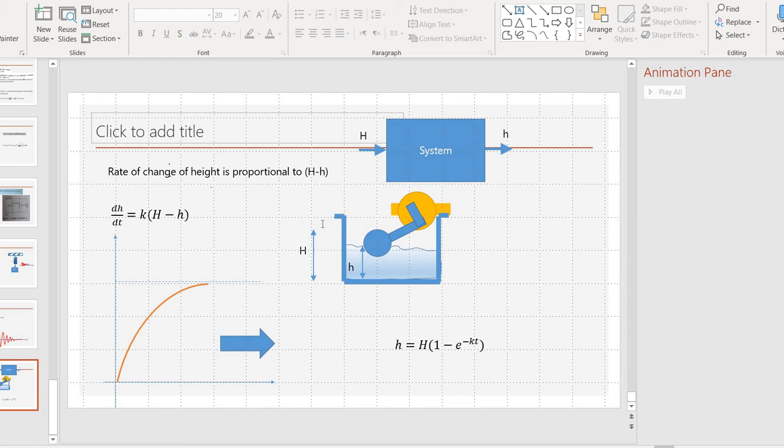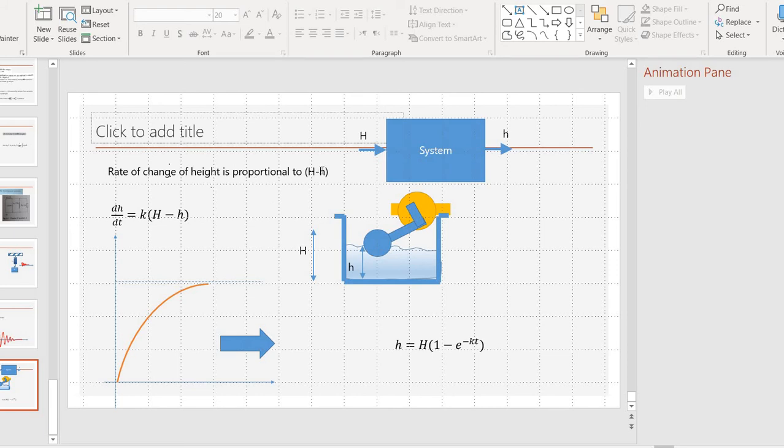And the desired, the maximum level of the water, we are going to call capital H. So at the beginning, the small h will be low, and slowly it will go higher and higher until it reaches H. So we are looking at the difference between the capital H and the small h. So the rate of change of height is proportional to the subtraction of these two, capital H minus small h. The difference between these two.